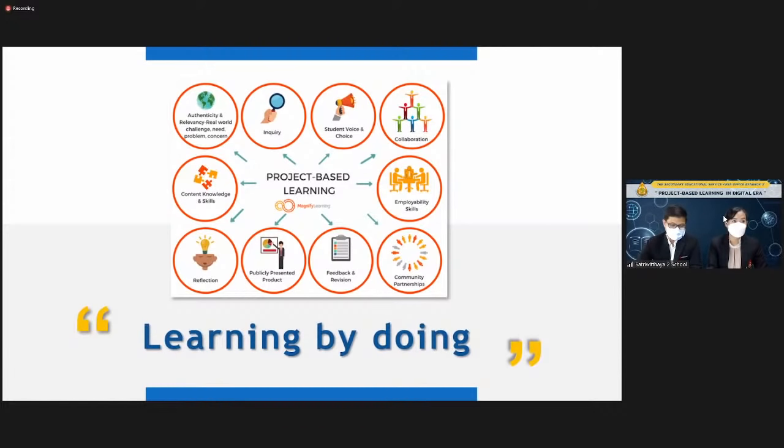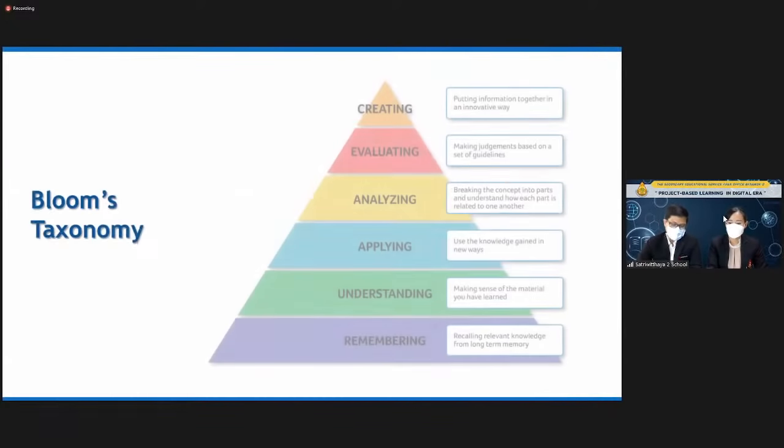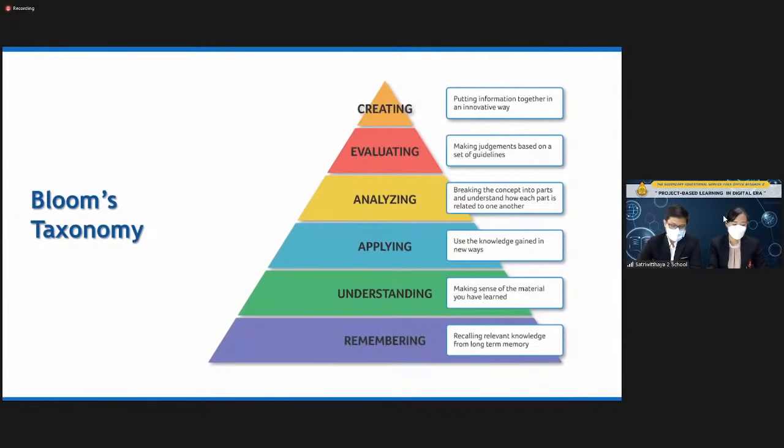It focuses on students' life experience while studying to develop various skills in accordance with the six levels in Bloom's taxonomy, namely remembering, understanding, applying, analyzing, evaluating, and creating.